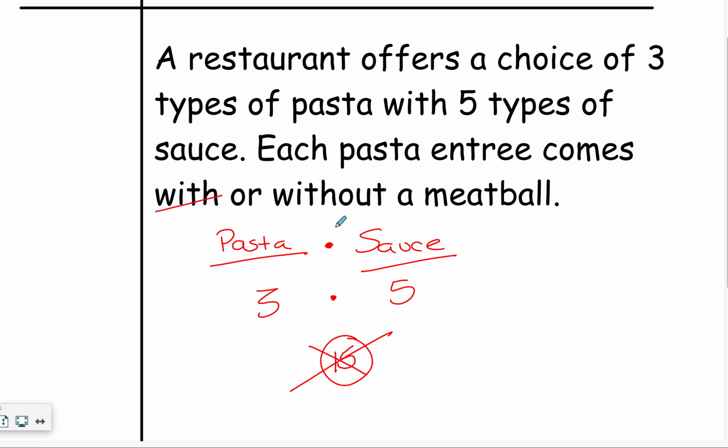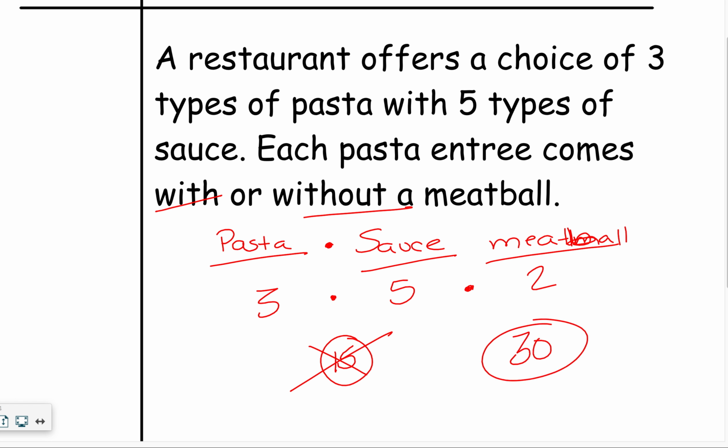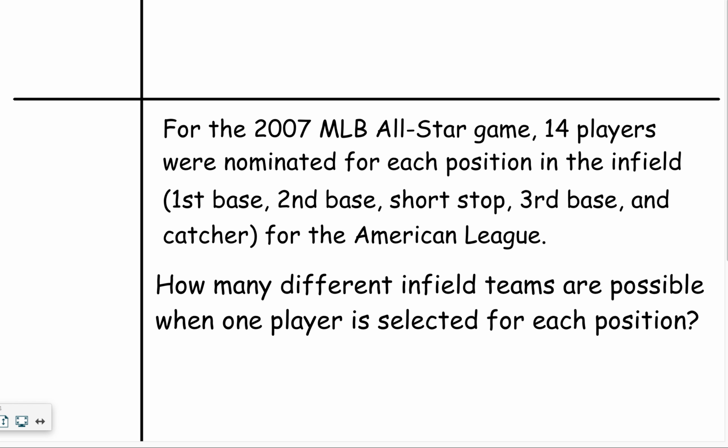With a meatball is one option, without is another option. So I still have to multiply this by the meatball choice, and either I'm getting one or I'm not. There are 2 choices there. So now I need to multiply that by 2. My total answer here would be 30 different possible outcomes, creating a sample space of 30.